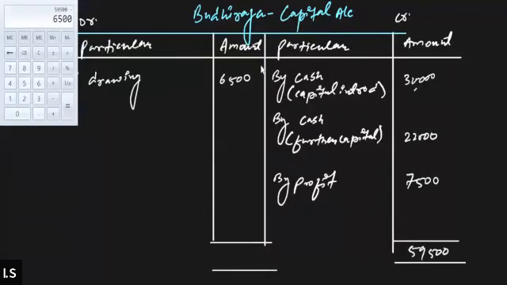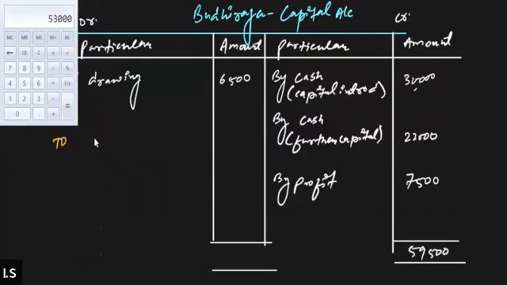Then we will subtract the debit side item 6,500, and whatever amount is left after subtracting 6,500 out of 59,500 will be considered as the closing balance of the capital account, and that needs to be recorded this time on the credit side.